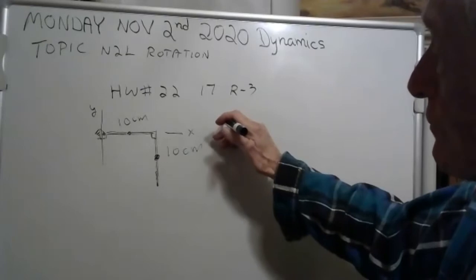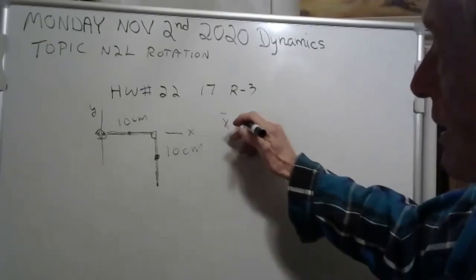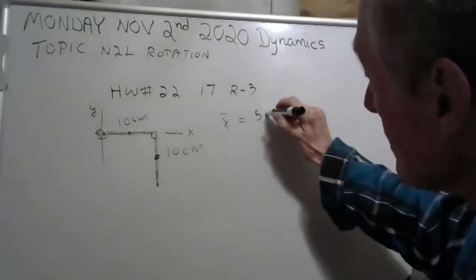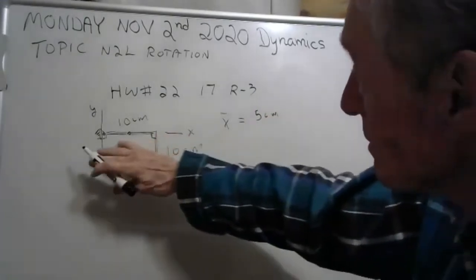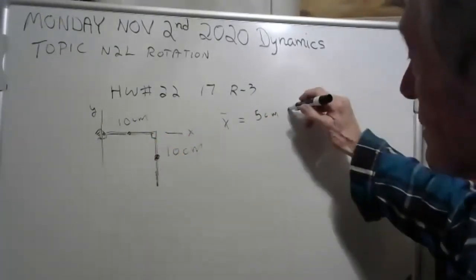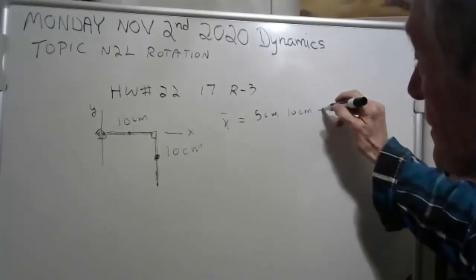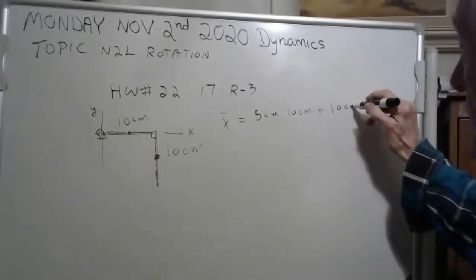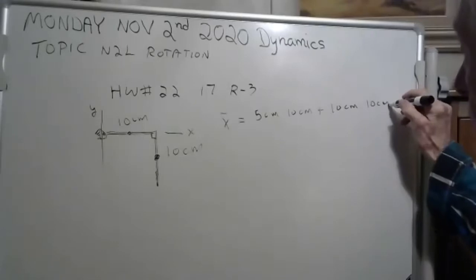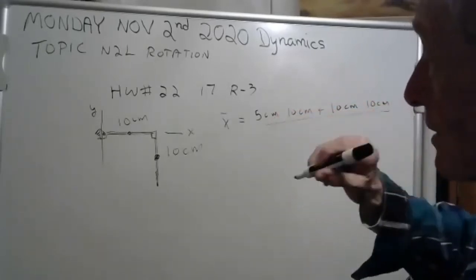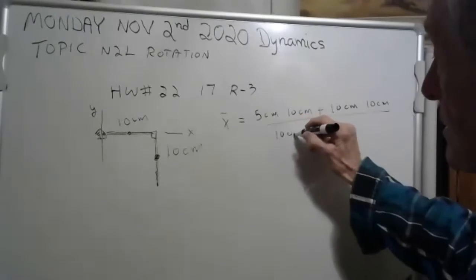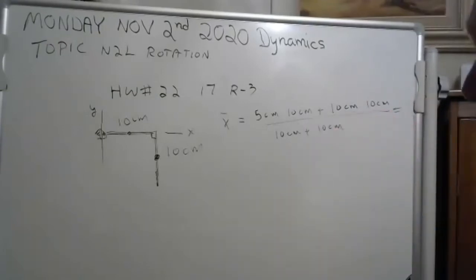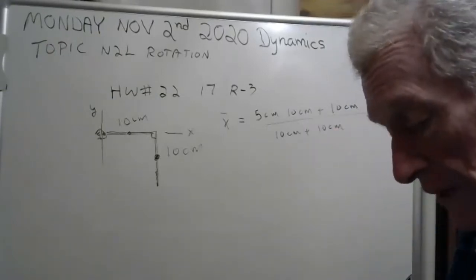So, if you wanted the x component of the center of mass, it would be 5 centimeters times the length, which is 10 centimeters, plus that one is at 10 centimeters times the length, which is 10 centimeters. And you divide by the total length, which is 10 centimeters plus 10 centimeters. We'll see if this works. If you solve that, what do you get?